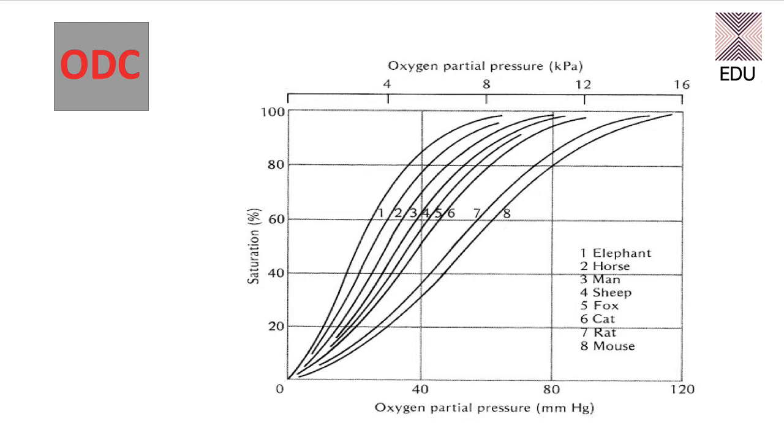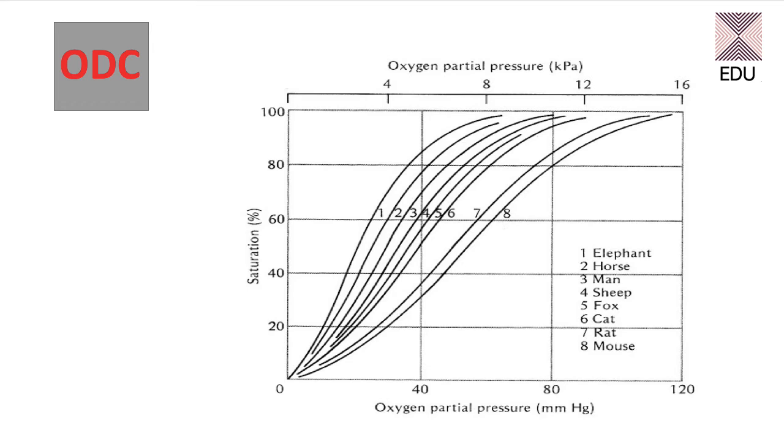You should write it as oxygen dissociation curve. On the vertical axis we have the percentage saturation, the percentage saturation of the hemoglobin. On the horizontal axis we have the partial pressure of oxygen.